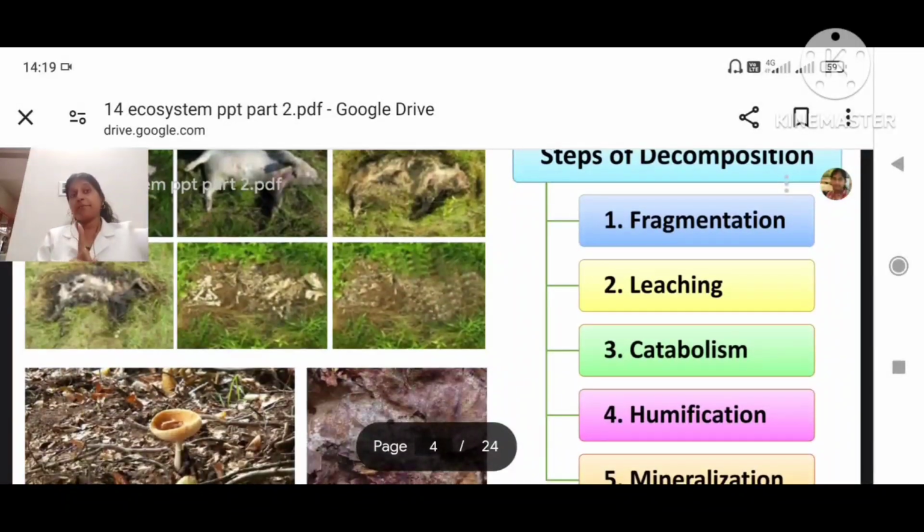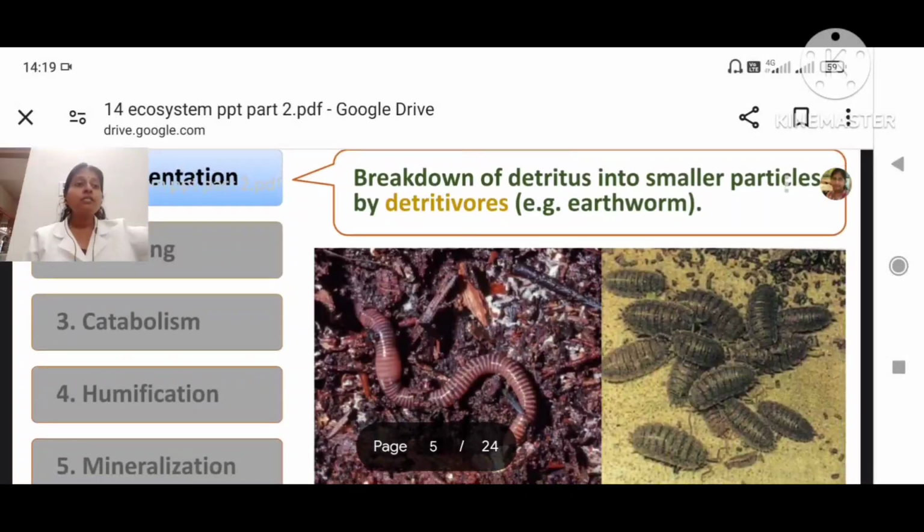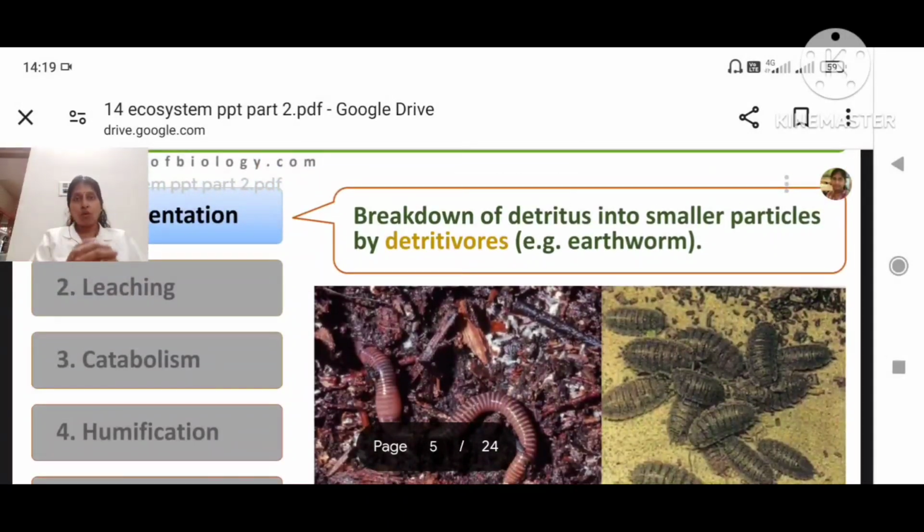What is the first step? Fragmentation. What does fragmentation mean? Detritivores are organisms which eat this detritus, the dead decaying parts. Earthworm is one of the main detritivores. What do they do? They break down the complex leaf litter, animal waste, everything into small pieces, into different fragments.